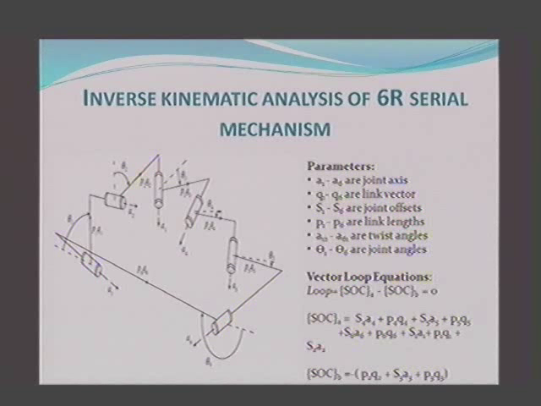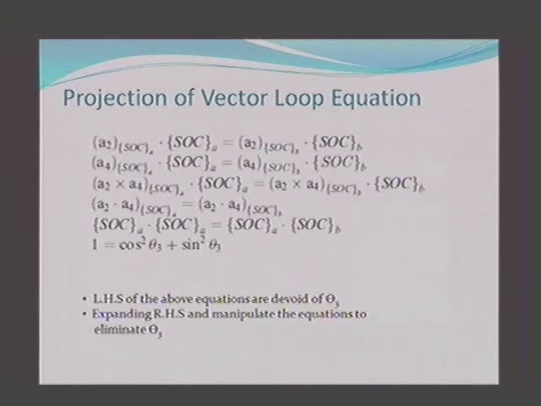We have taken the normal vector loop equation, but in this case we have split it up into two parts, SOC of A and B, but they add up to be 0. And then you project the vector loop equation onto different vectors like A2, A4, and so on. So we get 6 equations.